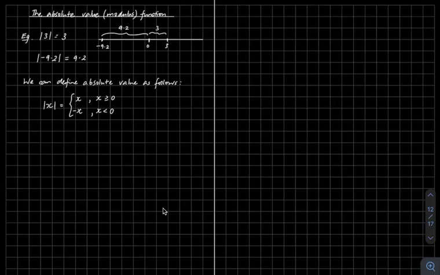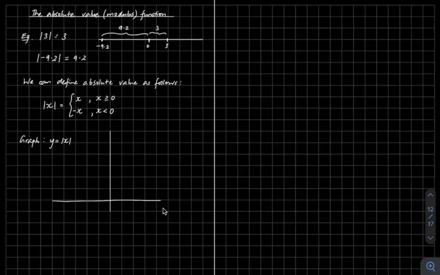So what does the graph of the absolute value function look like? Here we could consider it as a function rather than just as an operator. So we're talking about the function y equals absolute value of x. That would be the simplest case that we could consider. Let's draw ourselves some axes.